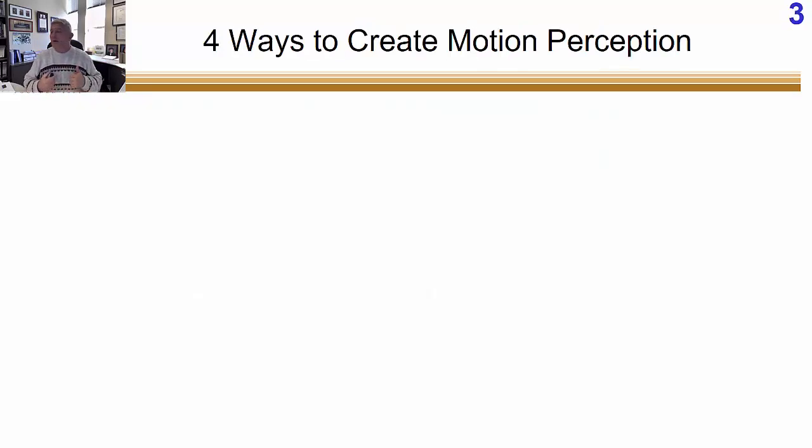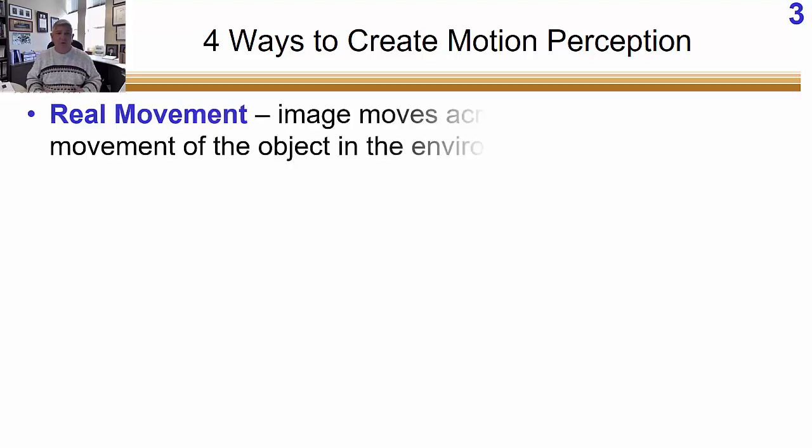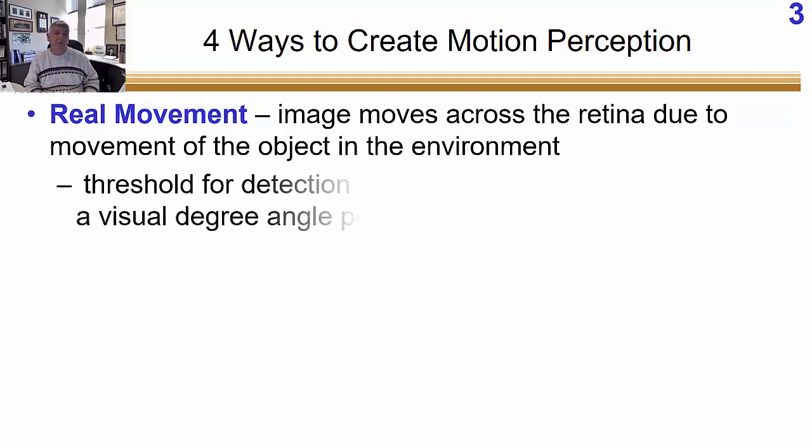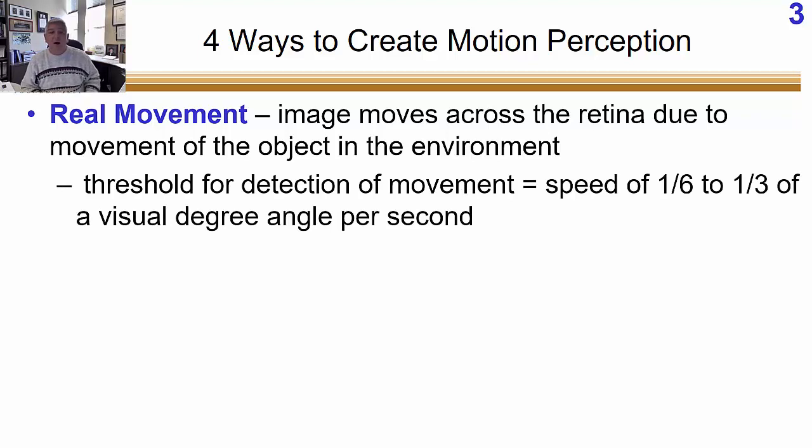All right, so turning towards motion perception. There are four ways to create motion perception. You can have real movement. So an image moves across my retina, and I'm going to perceive that as movement due to movement of the object in the environment. We can measure the threshold for detection of movement, and we can measure that in visual degrees.